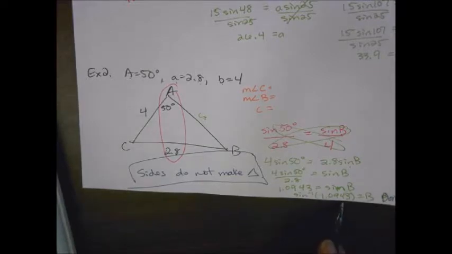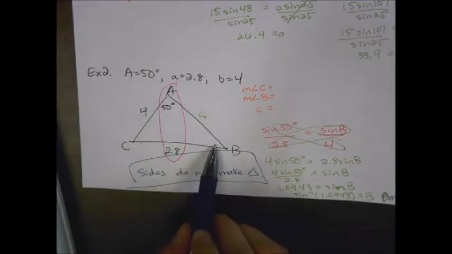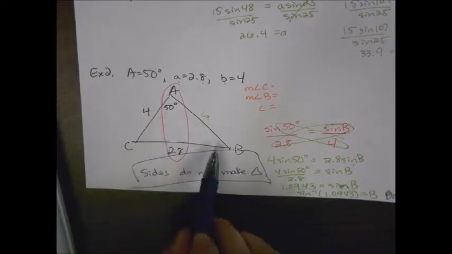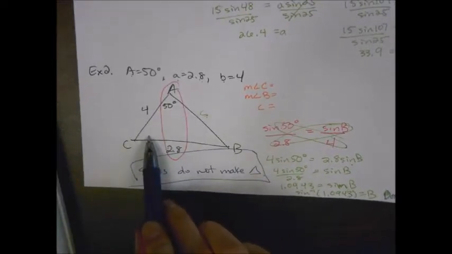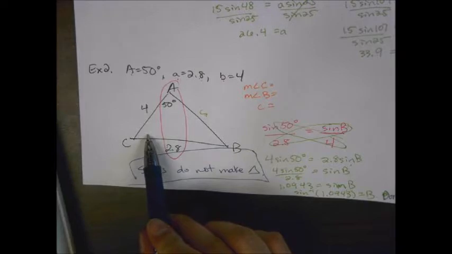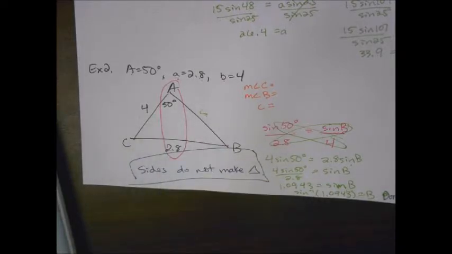If we did get an answer there, that would give us angle B. We know that the 3 angles add up to 180, so we could find angle C and use law of sines to find side C.